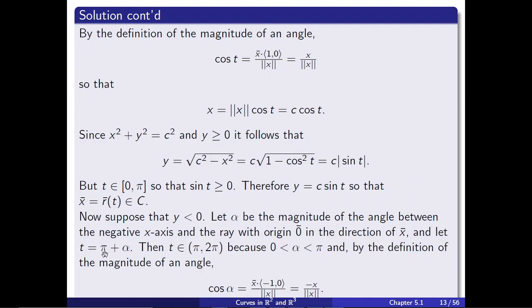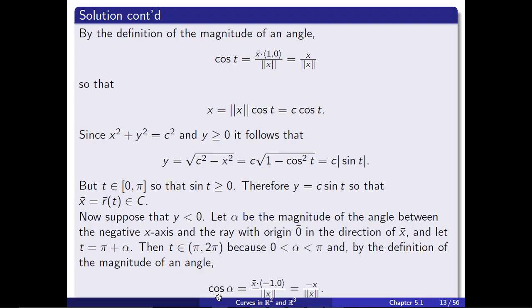So it means that t will be equal to pi plus alpha, and t has to be between pi and 2 pi, right? Because for the first one we were looking at the first and second quadrant. Now we are looking at the third and fourth quadrant, right?